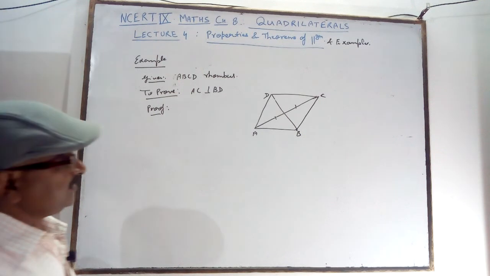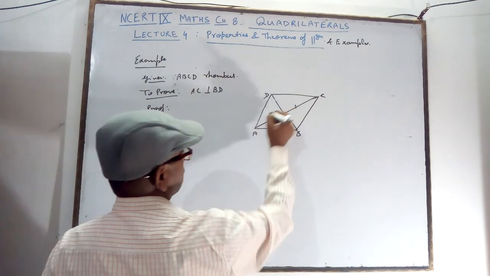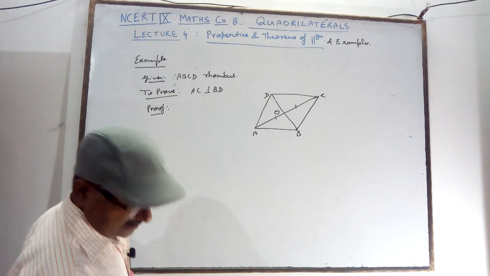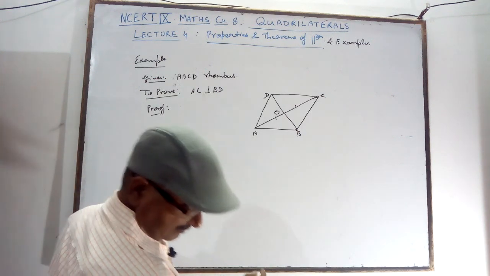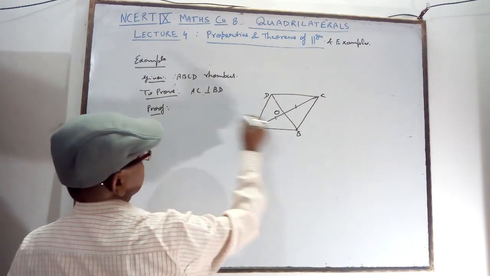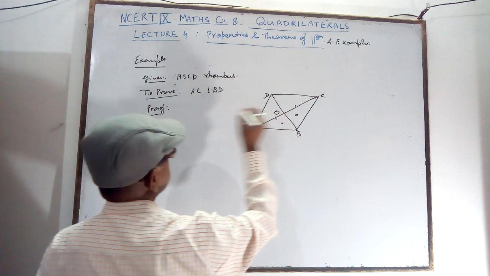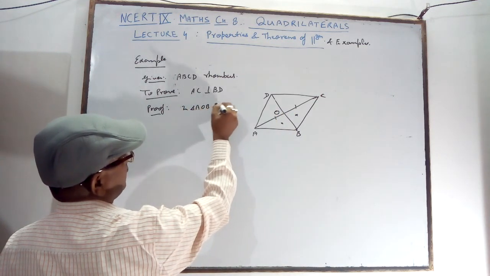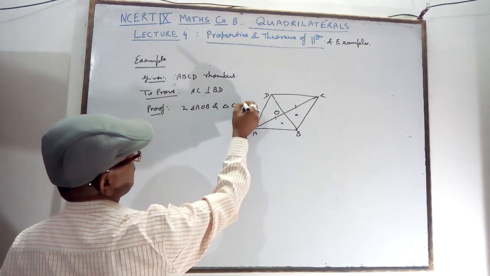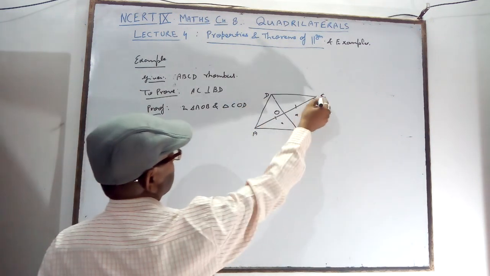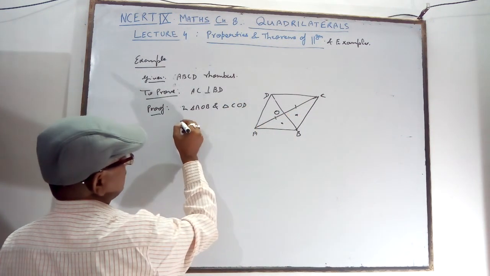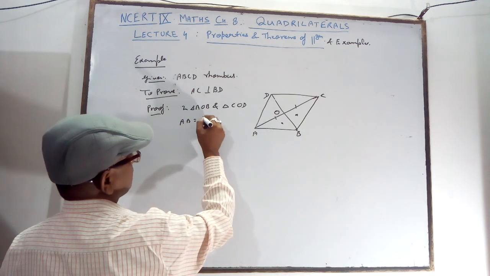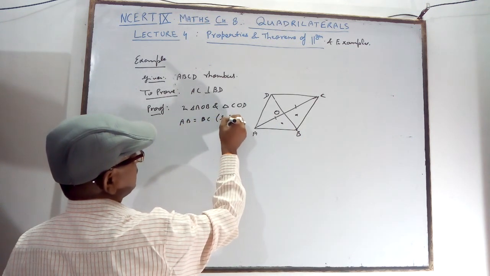You want to prove, very simply you take a point O. You will take two congruent triangles, any two. These two triangles I am taking: in triangle AOB and triangle COD. AB is equal to BC by sides of rhombus are equal.